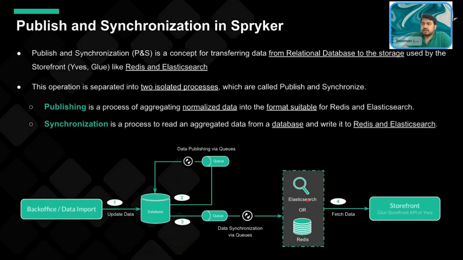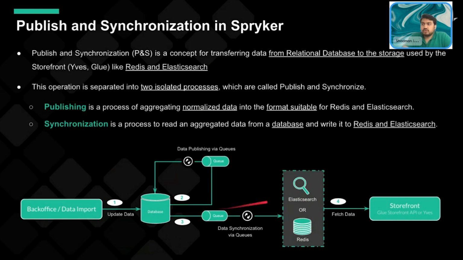It depends upon your requirement, whether you want to use Elasticsearch or Redis. Elasticsearch we mainly use for search purposes, and Redis is for other kinds of data. As we are not directly hitting the database, because we want to improve performance and usability for our users, we are using this layer. But in order to update this layer, the first primary source is the database, and the other is Elasticsearch or maybe Redis.